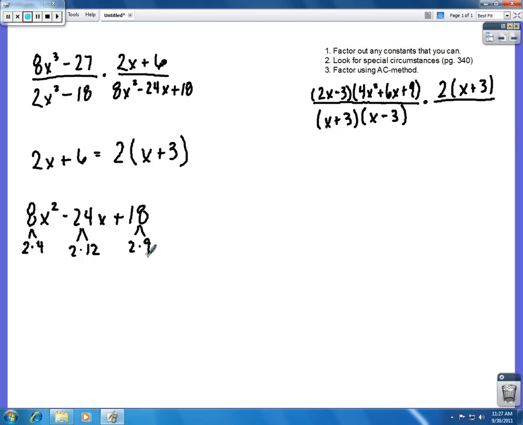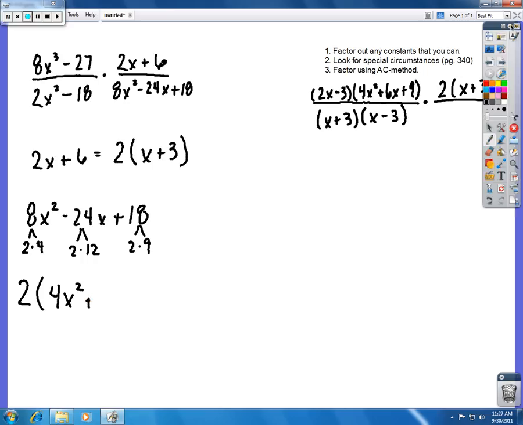Okay, so I'm going to go ahead and do that. So this becomes 2 times 4x squared plus, I'm sorry, that's a minus, it should be a minus. See, even math teachers aren't perfect. All right. Minus 12x plus 9. Okay.